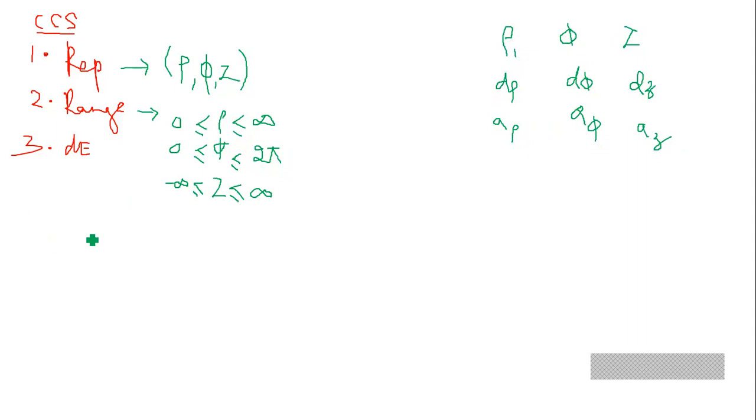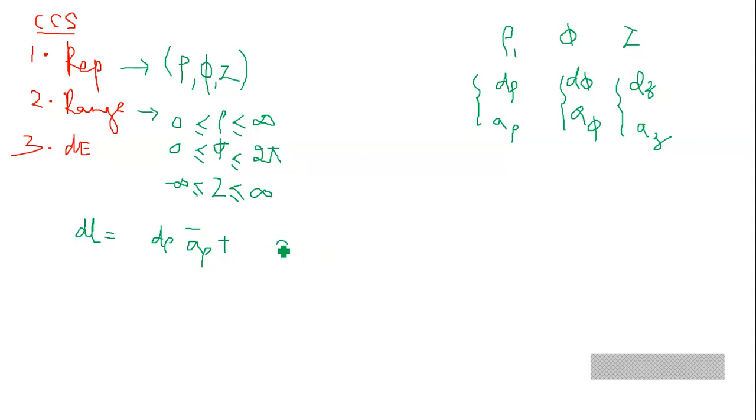Now I'm going directly into the differential element dl for line. What I did in the last case, I multiplied these two terms, and these two terms, and these two terms, and added. Here a small twist you need to remember: I'm multiplying d rho, a rho, plus I'm leaving a space here.